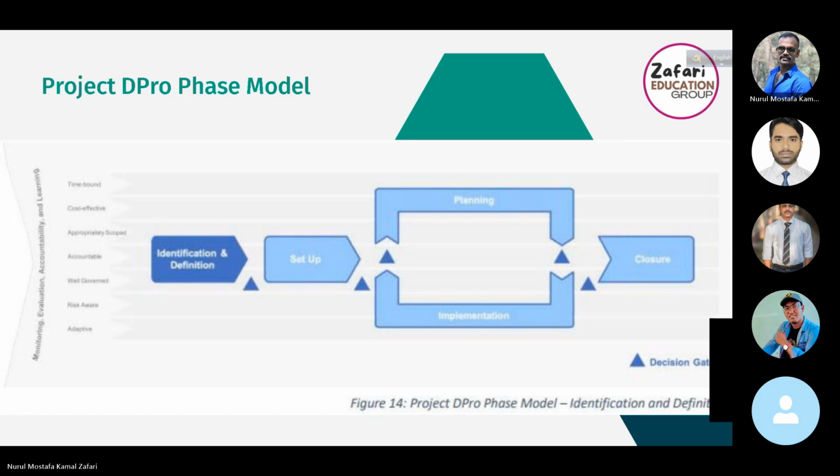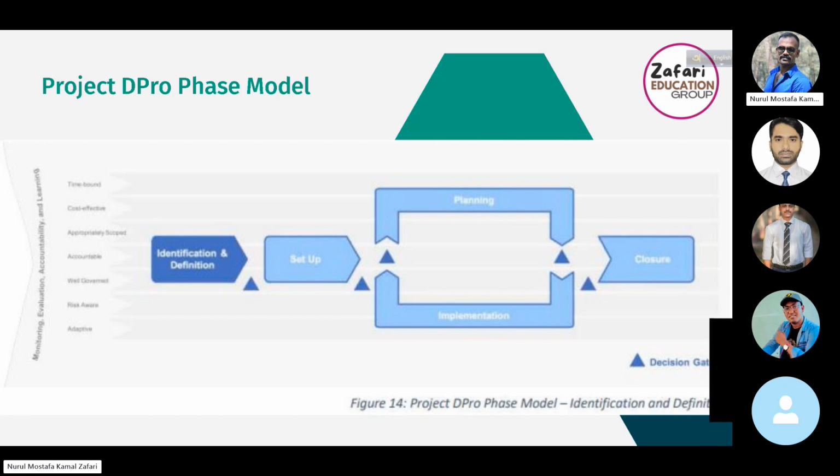Now, before I take a pause to welcome your questions, I would love to attract your attention to the left side of the screen. There is a top-down line where it is written monitoring, evaluation, accountability, and learning.